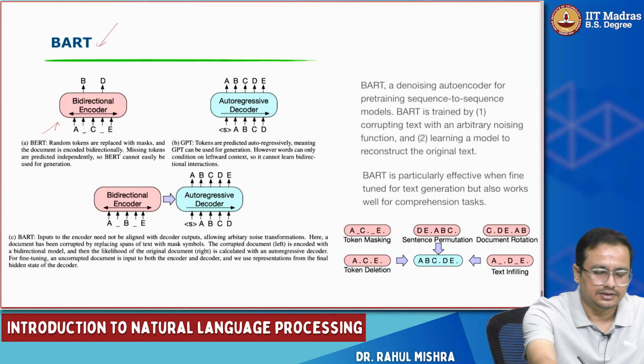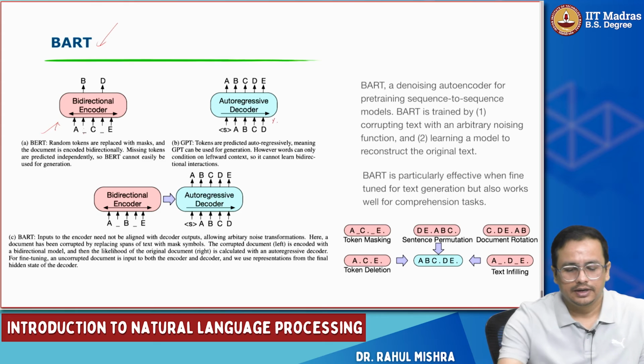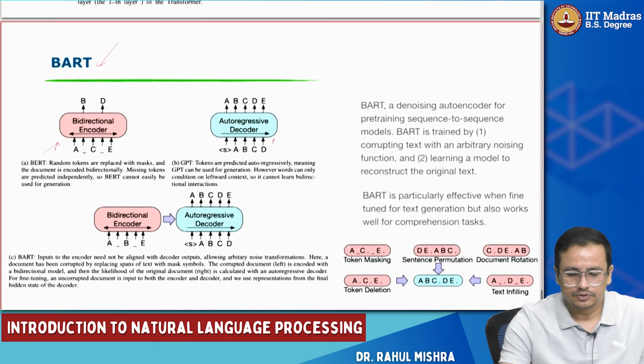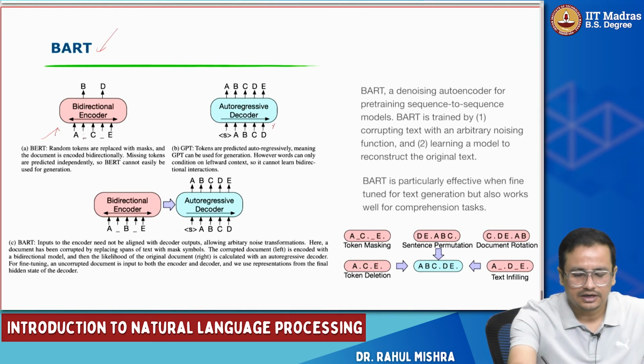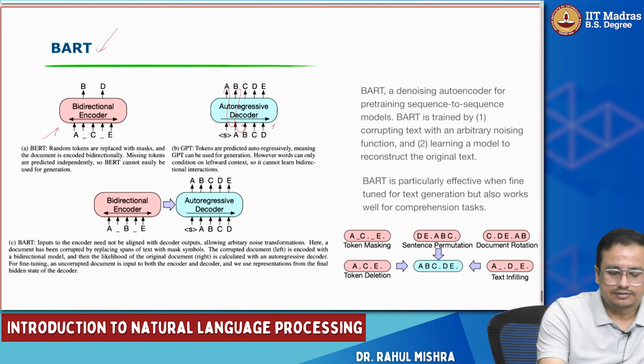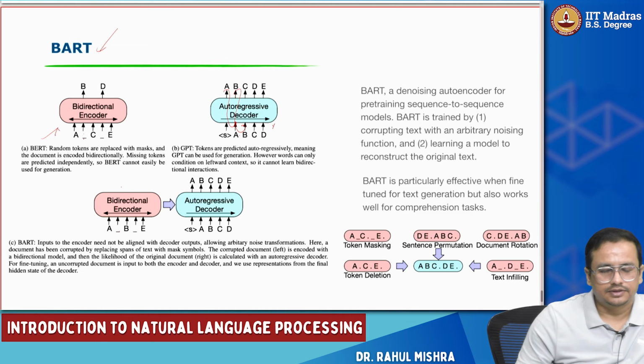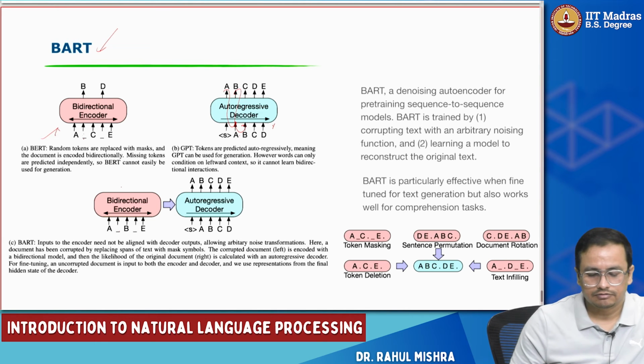GPT is an autoregressive model: you give the start token, it generates A, then A is given in autoregressive fashion, then it generates B, then B is given. BERT, given these masked words, doesn't need to predict whether there should be some C or D here.